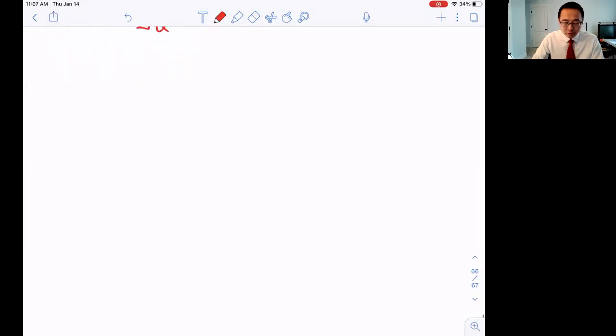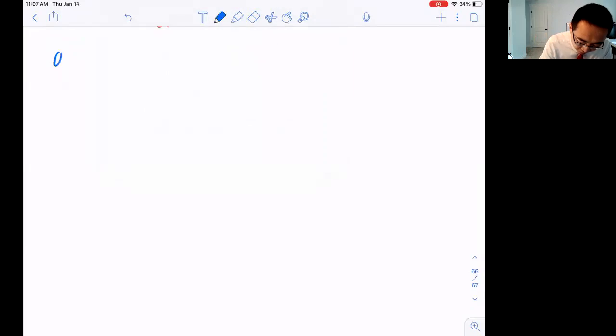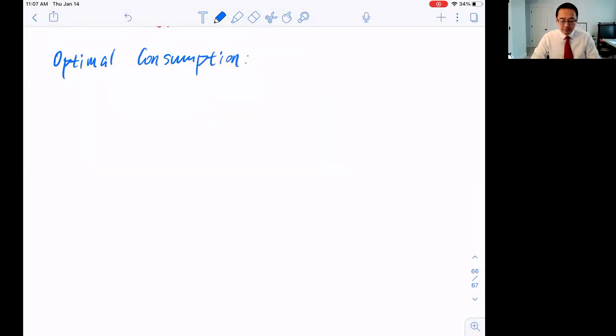And now the question is, how do you determine the maximum or optimal consumption for a consumer? Optimal consumption, right? Because the problem is we consume so many different things.